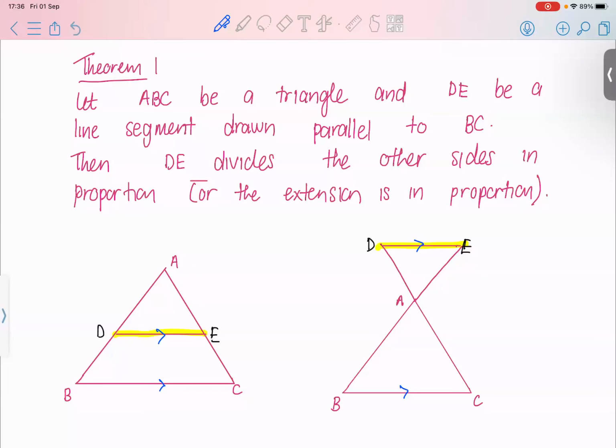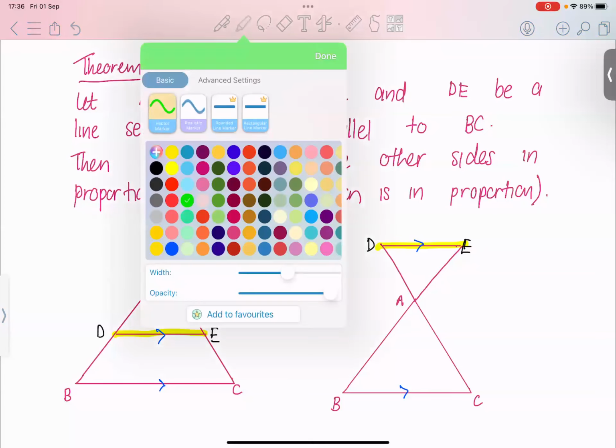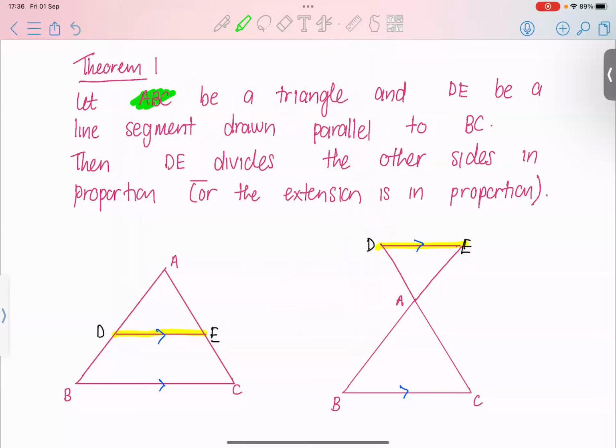And so we start off with our triangle ABC. And then what happens in the premise of this result? I'm going to highlight a few things for us to take note of. Right, so we have triangle ABC. And we're told that DE is a segment that is drawn parallel to one of the sides of the triangle.